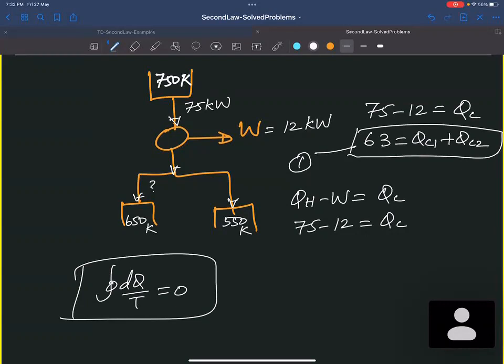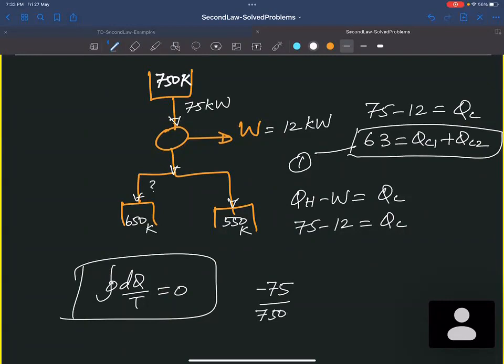The 750 Kelvin source is losing a heat of 75 kilowatt. So QH is 75, but since that system is losing its heat, it is minus 75, and the temperature of that source is 750.